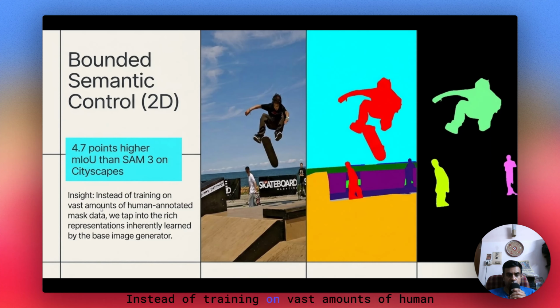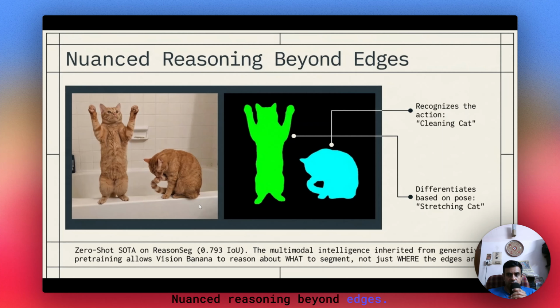Instead of training on vast amounts of human-annotated mask data like these, we tap into the rich representations inherently learned by the base image generator. That's really cool. Nuanced reasoning beyond edges. I think we saw this in the example from the project page. It recognizes the cat, a cleaning cat, and differentiates based on pose, a stretching cat.